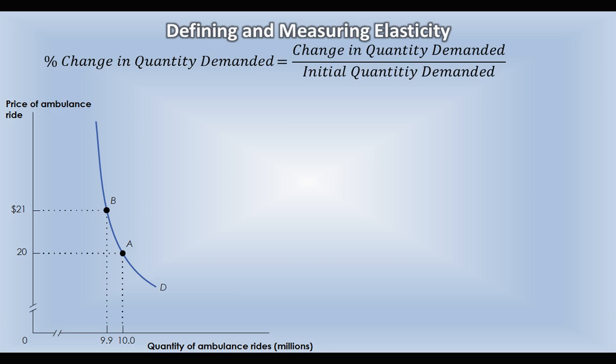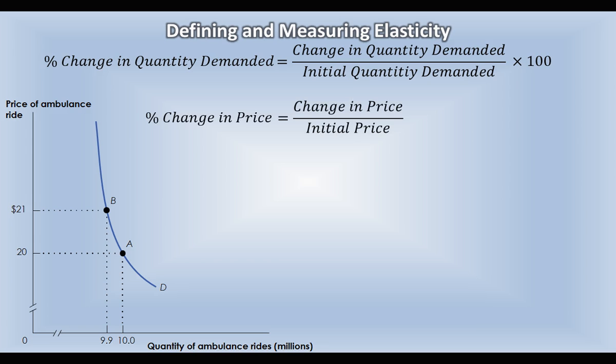So the change in quantity demanded divided by the initial quantity demanded times 100, because this will get you a decimal. You multiply it by 100 to get it into percent. Cent is like Latin for 100, so per 100. So this gets us into a percent change in quantity demanded. And then you can do the same thing for price. The percent change in price is the change in the price relative to the initial price times 100.